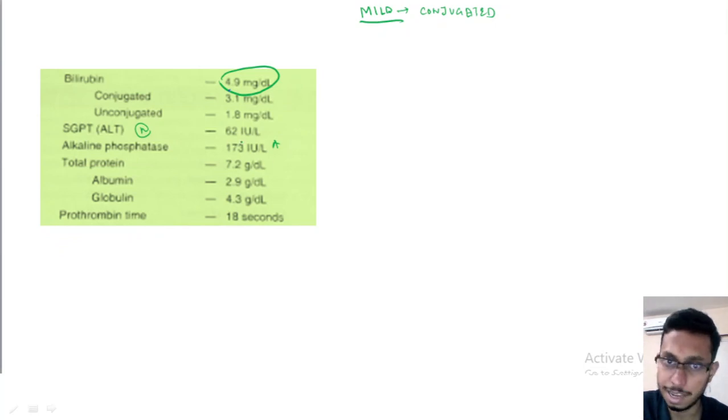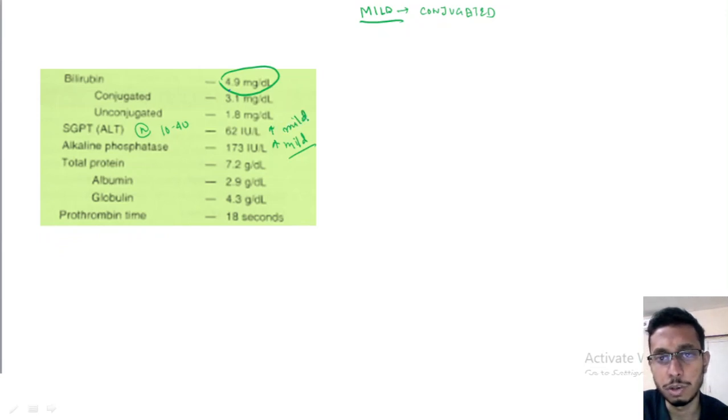ALP is raised, but this is mild, not markedly raised like 10 to 11 times more. But ALT is marginally also raised. ALT normal value is 10 to 40, and it is also mildly deranged.